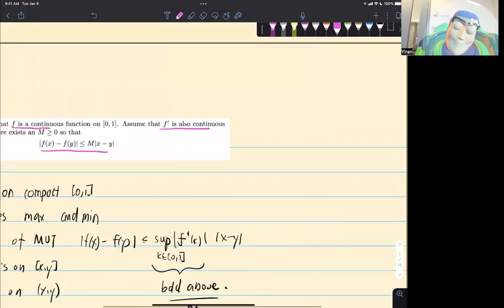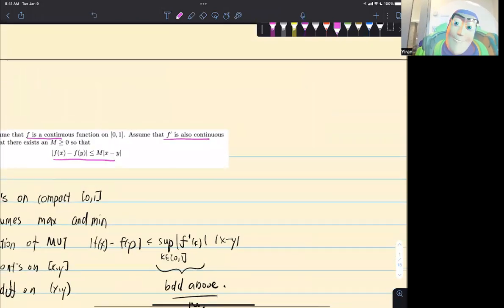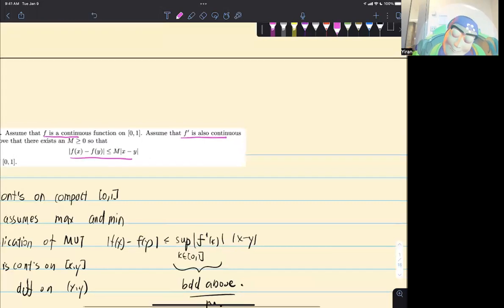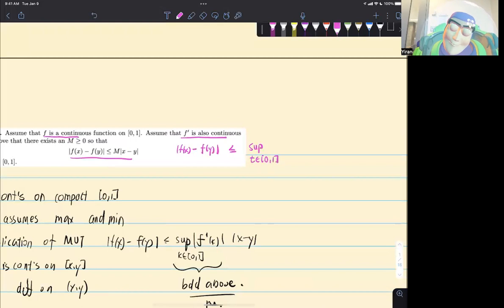So the proof is pretty simple. If you recall a corollary after the mean value theorem, |f(x) minus f(y)| is smaller or equal to the supremum over t in [0, 1] of |f prime of t| times |x minus y|.